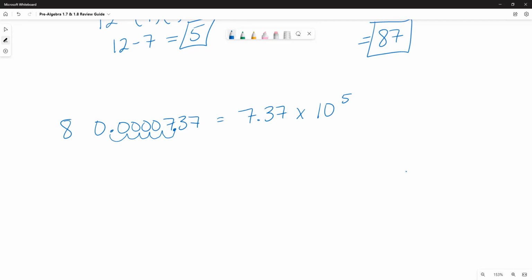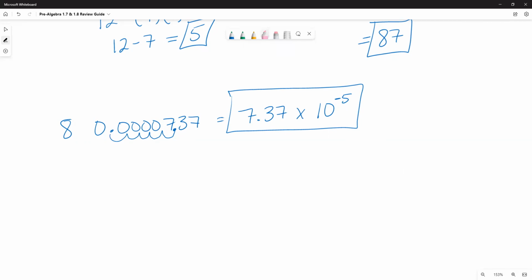Is the original number smaller than 1 or larger? There we go. You said it in your head. So yes. Okay. Here's the thing. There's two very different things.